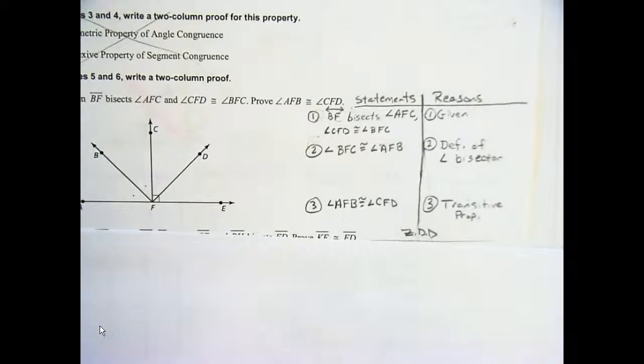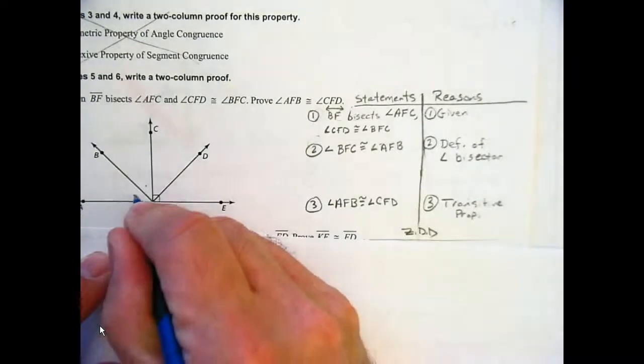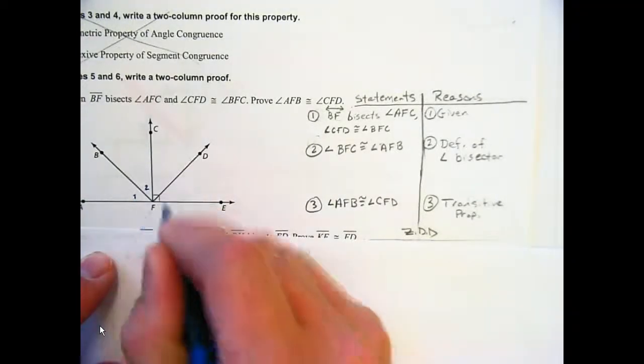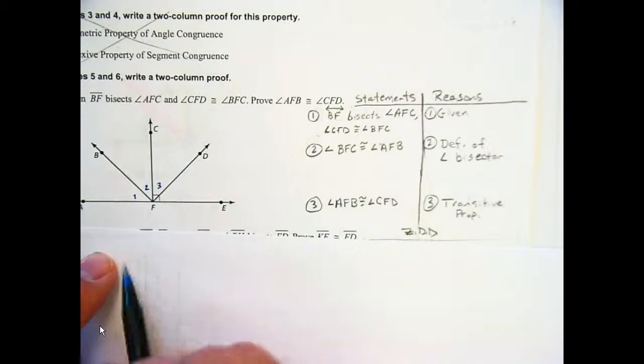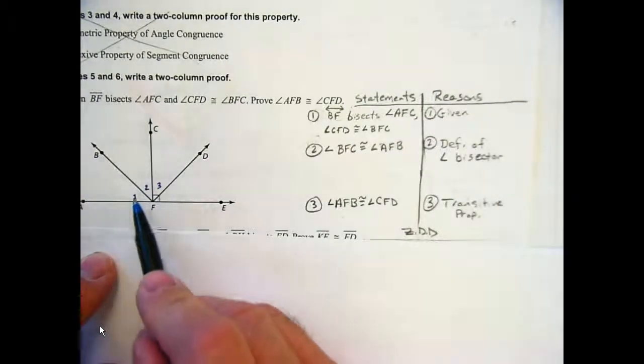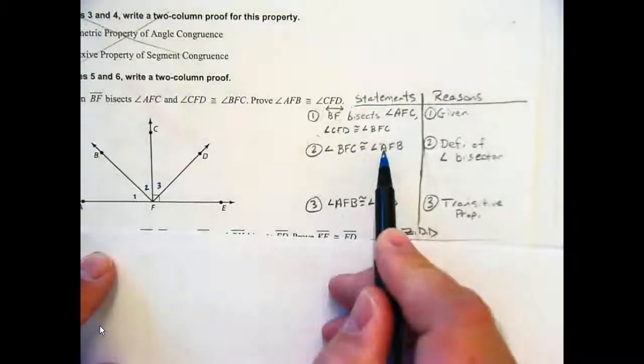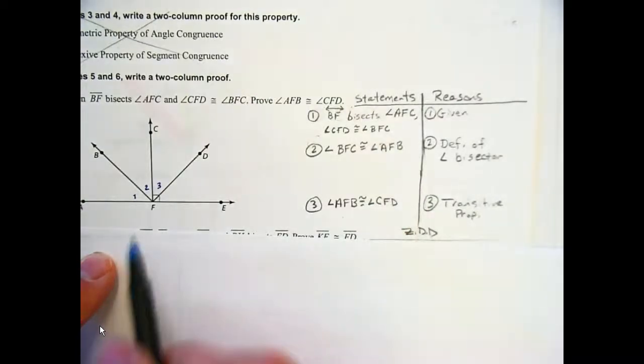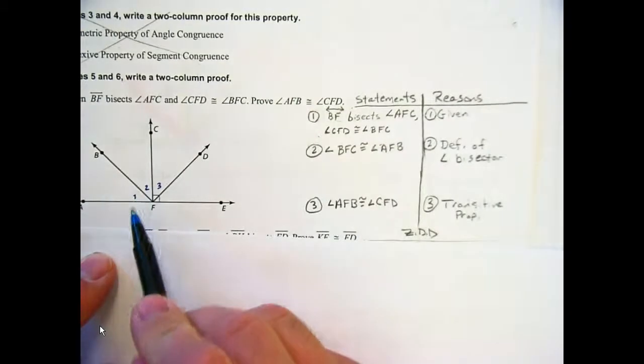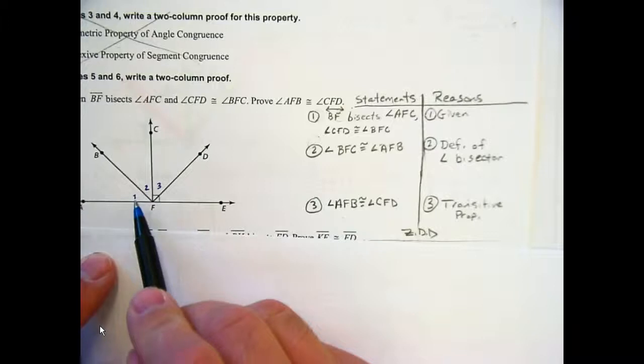So going back to it, if you were to say that this is angle 1, and this is angle 2, and that is angle 3, really what they've told us is angle 1 is congruent to 2, and also angle 1 is congruent to 3.